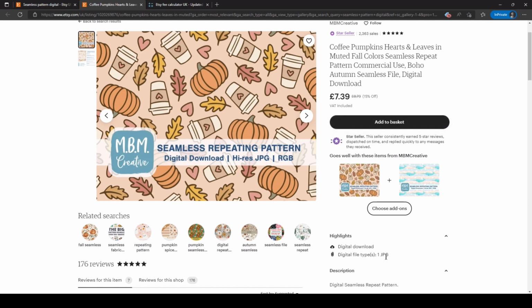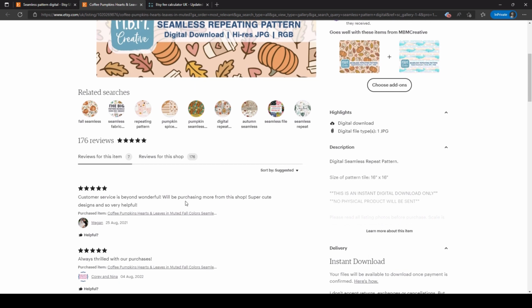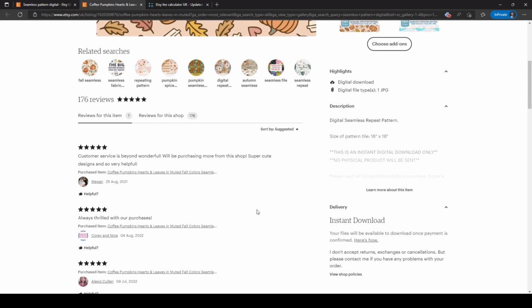This one is quite simple. It is just one file, one JPEG, and they're selling it for £7.39. It's got 7 reviews on the item, so it's sold at least 7 times. Obviously some people buy things and don't leave reviews.